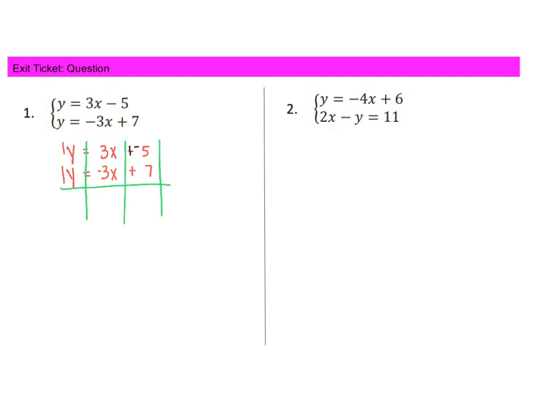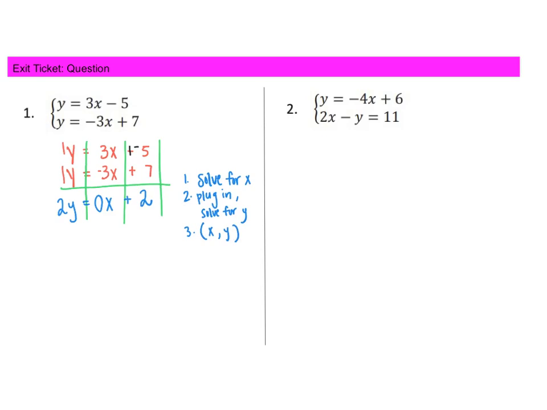So I'm going to start you off. 1y plus 1y is 2y. 3x plus negative 3x is 0x. And negative 5 plus 7 is 2. So from there, I want you to solve for x. Okay. After you have x, plug in and solve for y. And then I want you to write your solution as (x, y), and tell me what you got for your solution for number 1, okay?